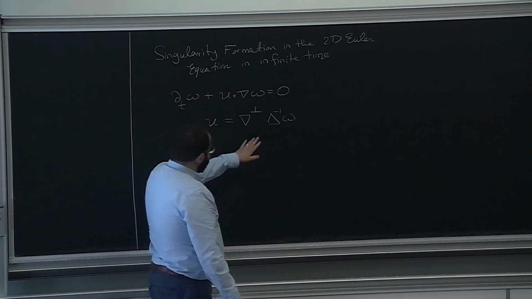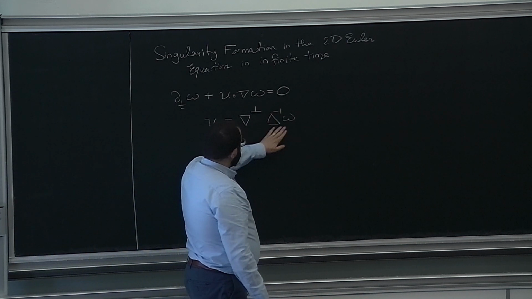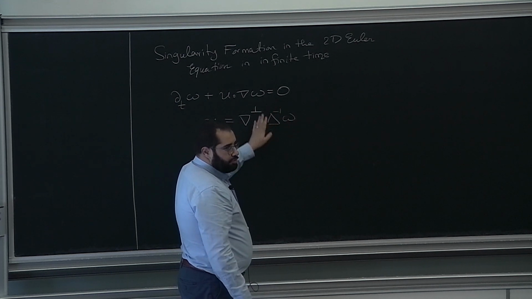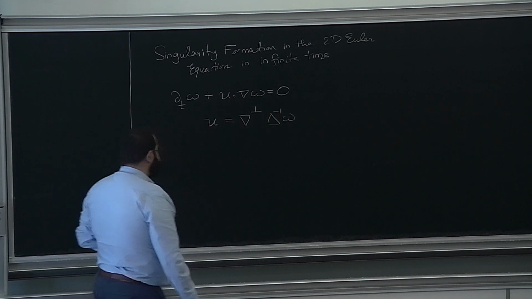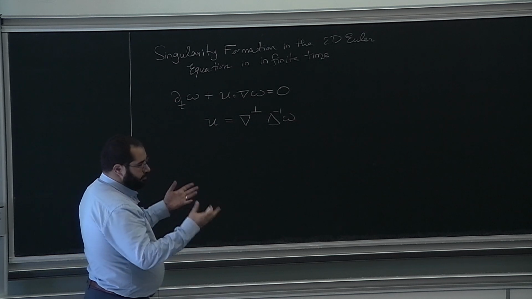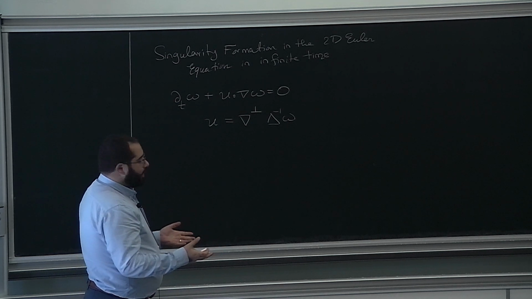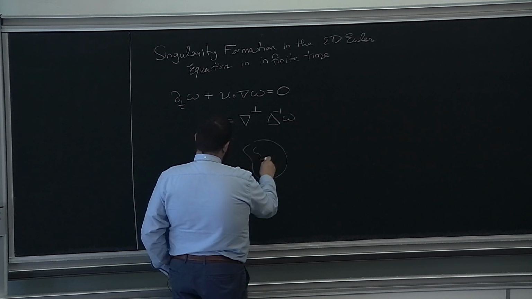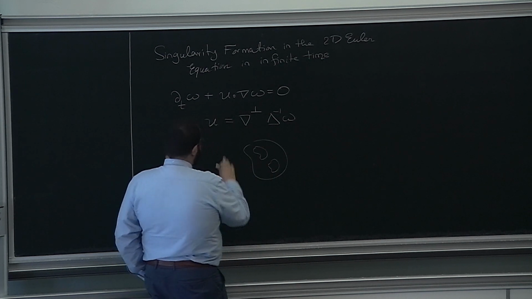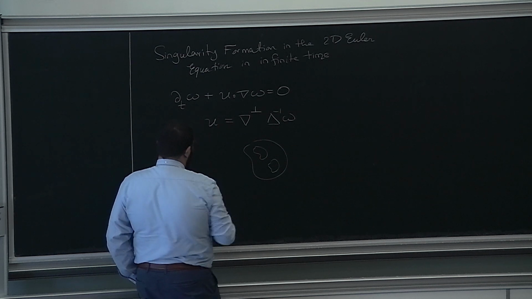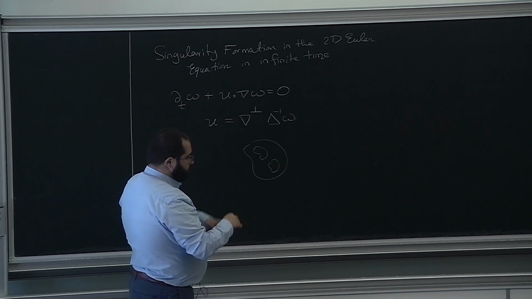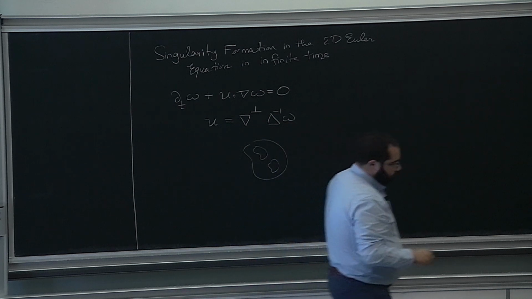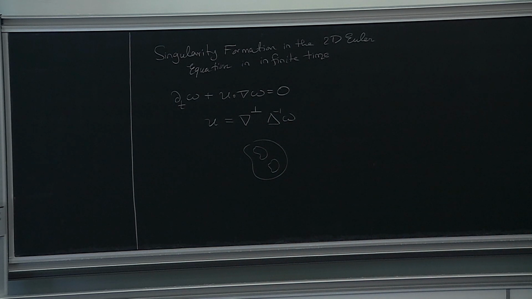In domains with a boundary, this inverse Laplacian means the Dirichlet inverse Laplacian. When you have a multiply connected domain, maybe a domain with holes, you need some more information to recover the velocity from the vorticity, but we don't think about that. We just think of the basic case.